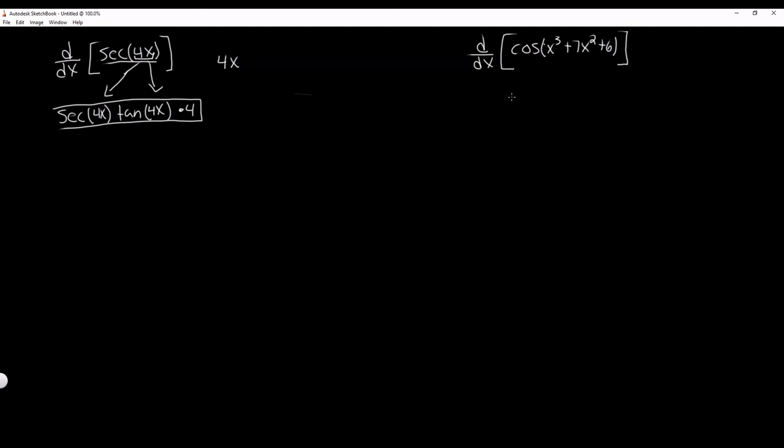So for our next one, cosine of x cubed plus 7x squared plus 6. Our inside function is x cubed plus 7x squared plus 6. And our outside function is cosine. So we can differentiate cosine, which is negative sine.